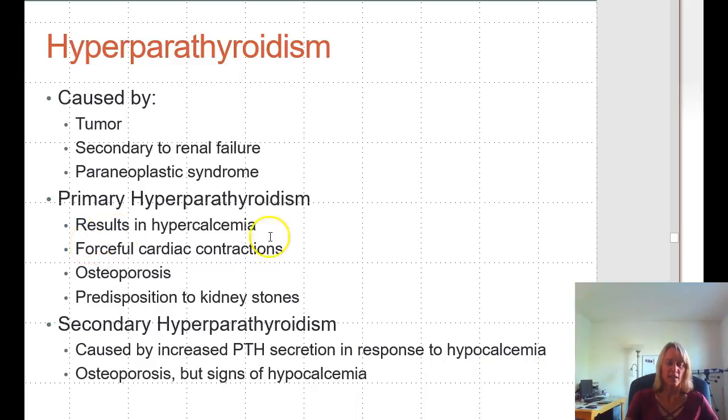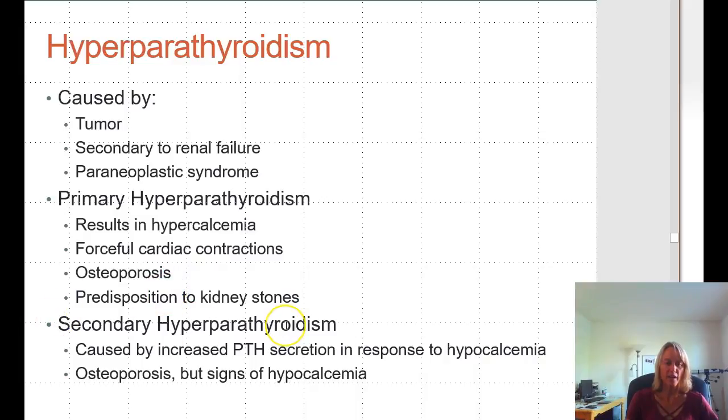This is going to result in hypercalcemia. It's going to result in forceful cardiac contractions because we have lots of extracellular calcium coming into the cell. It's going to increase contractility. It can cause osteoporosis because parathyroid hormone is going to break down the bone. And it's going to cause a predisposition to kidney stones because we have so much calcium in the blood.